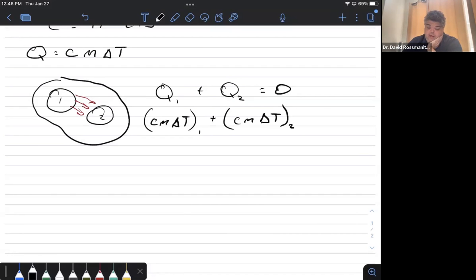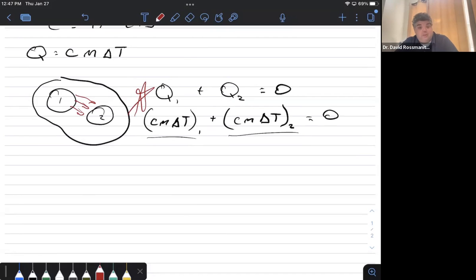So there's my Q1 plus Q2 equal to 0. And now you see we have an actual equation where we could plug data into it to solve for something we may want to solve for. This is the key to solving the types of problems we're going to have here with calorimetry.